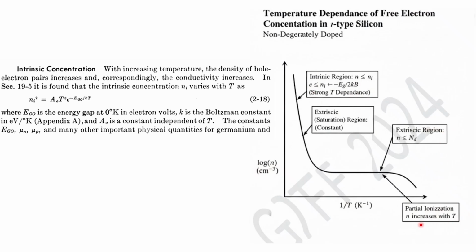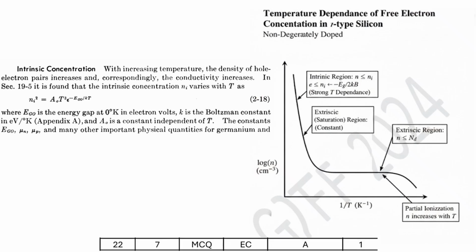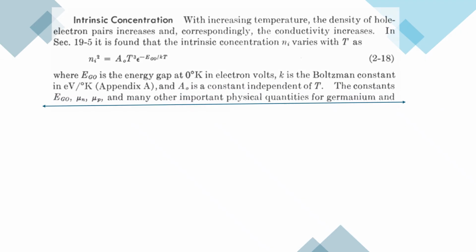First is the extrinsic region, where the concentration keeps increasing as the temperature increases. For normal temperature it will be constant, and again the concentration will go very high in the intrinsic region, right? So this exactly reflects your answer. So answer A is correct, right?